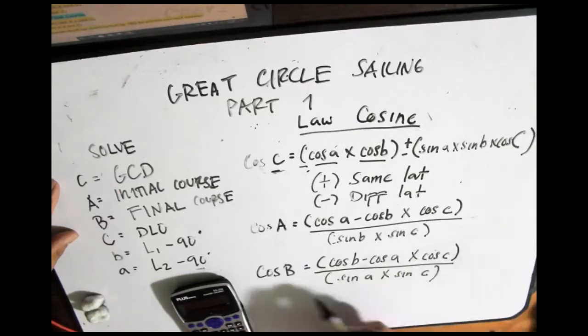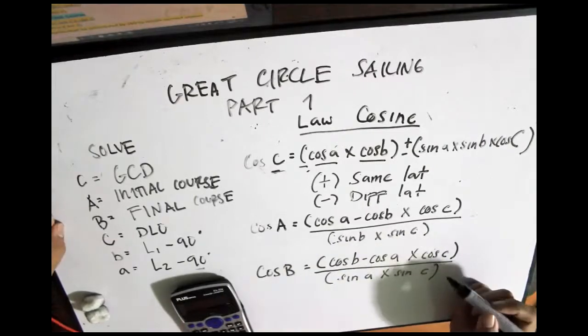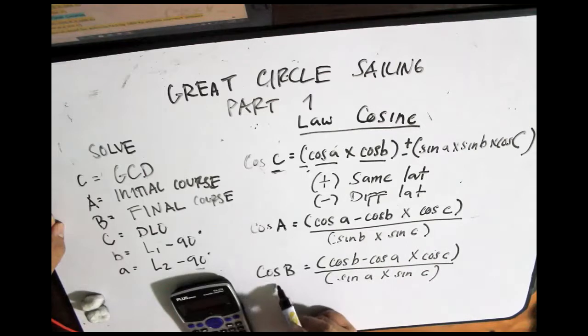So this would be the formula, okay, and I will explain to you later on ano yung mangyayari sa cosine B to determine the final course, no?